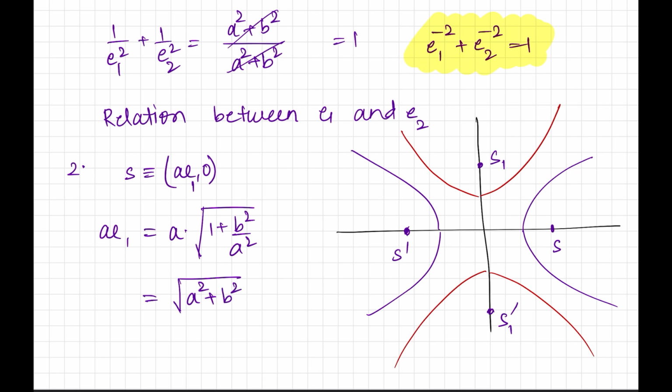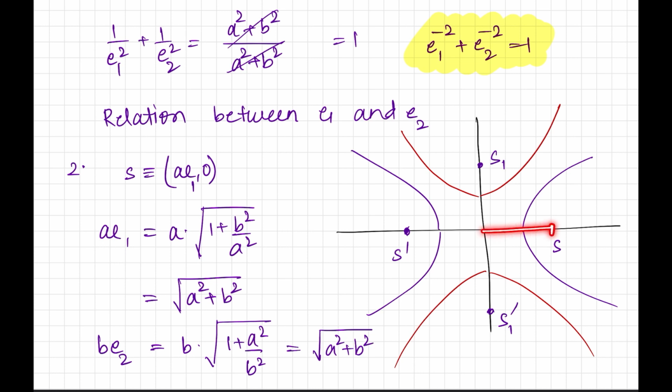Now similarly, if we find BE2, this is equal to B into under root of 1 plus A square by B square, and this is also equal to under root of A square plus B square. So basically it means that the distances OS and OS1 are equal. Now we join, let us say, S and S1.